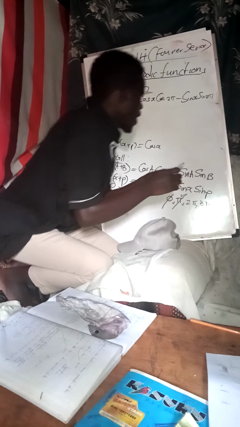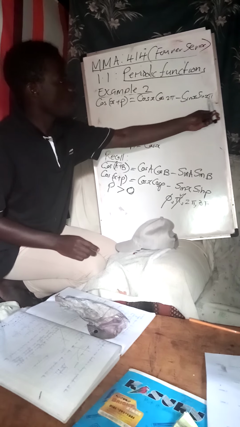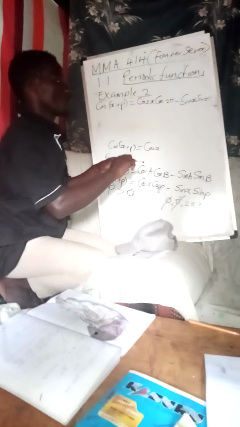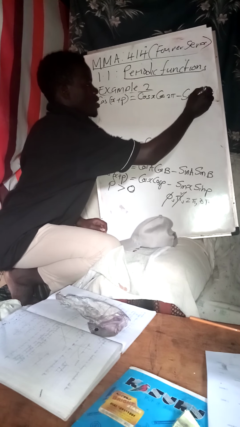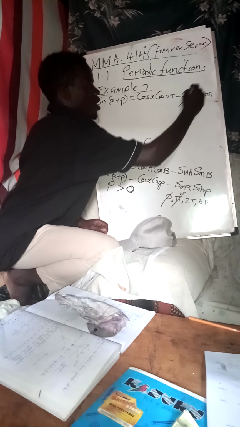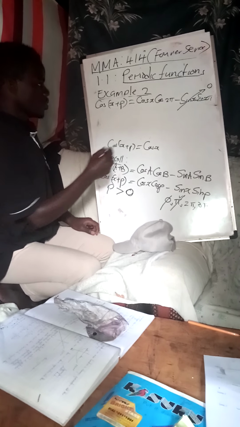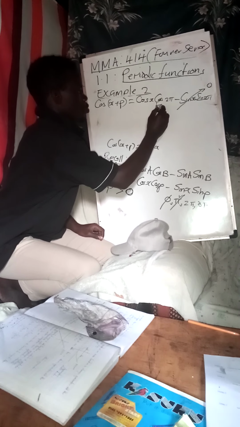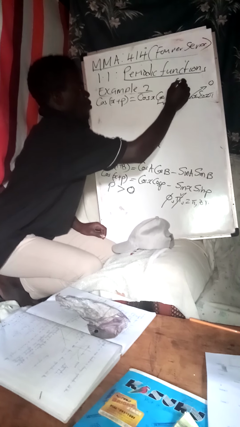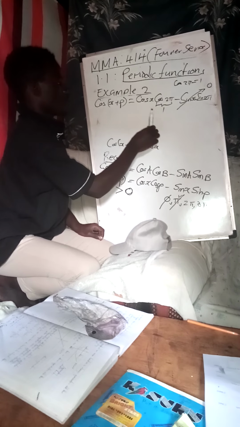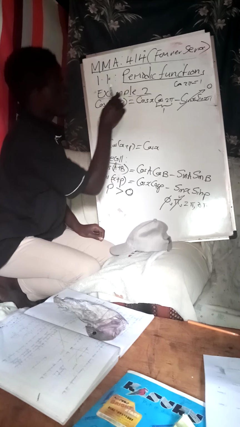Like I said earlier, sine 2 pi, sine pi, sine n pi is always 0. Because this sine is 0, it will collapse everything there to 0. And because we've said cos 2 pi equals 1, it will be 1 times cos x.